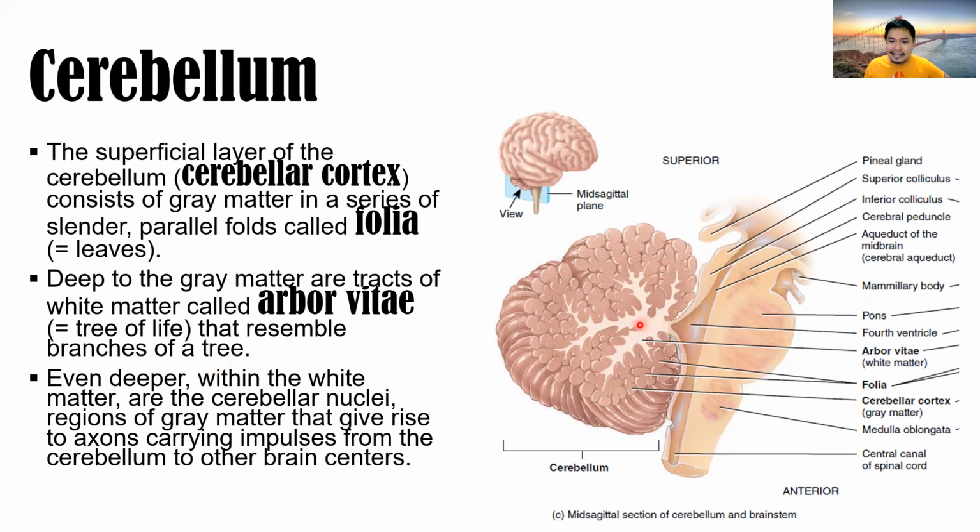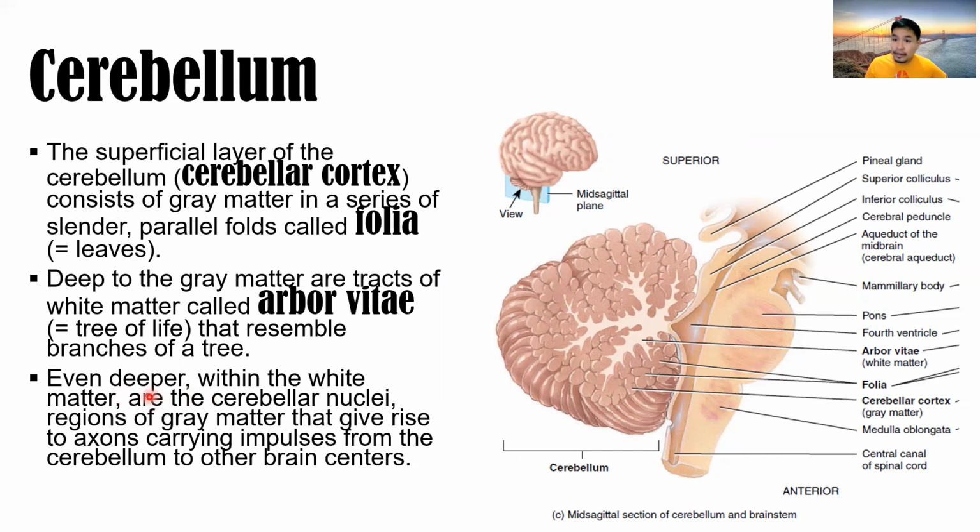Okay, so inside, deep to your outer cortex would be your arbor vitae, made up of what? White matter. Okay, gray matter outside, white matter inside. So you could see or appreciate here that it looks like branches of a tree, and your folia would be your leaves. Okay, so it looks like a tree.